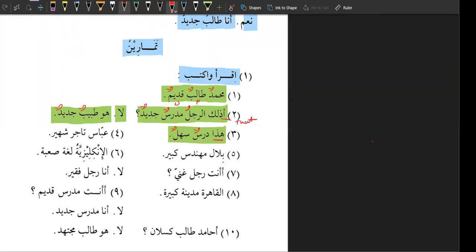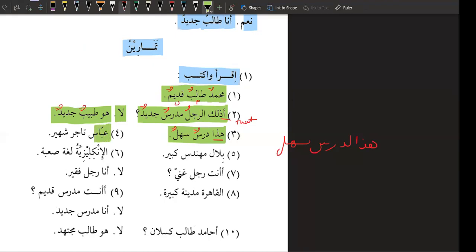If you said this lesson is easy, it would be هذا الدرس سهل. درس سهل means an easy lesson. So man'ut is darsun and na'at is sahlun. سهل. جيد. نعم. Lou Jane.